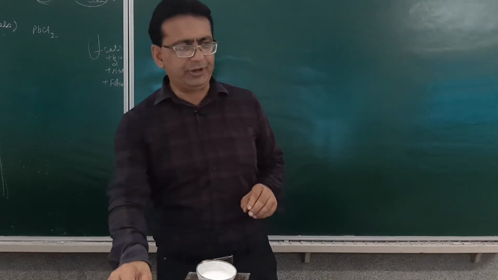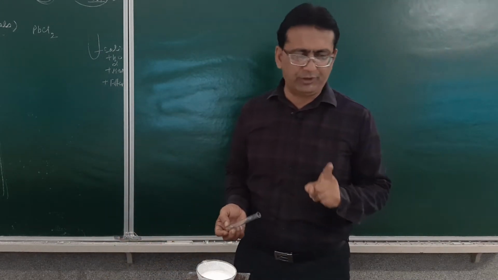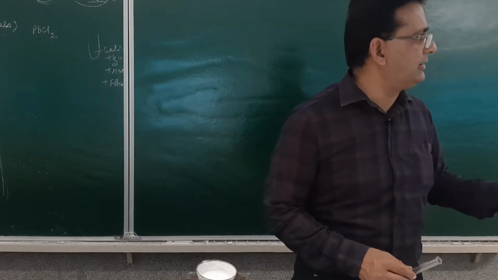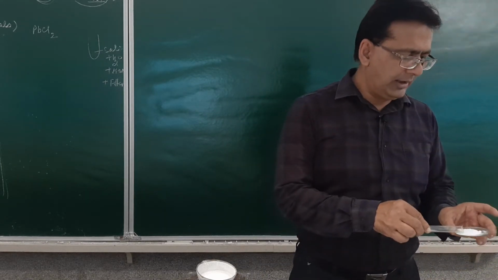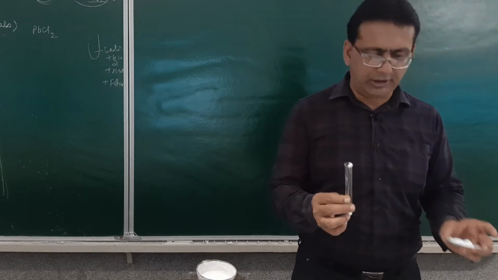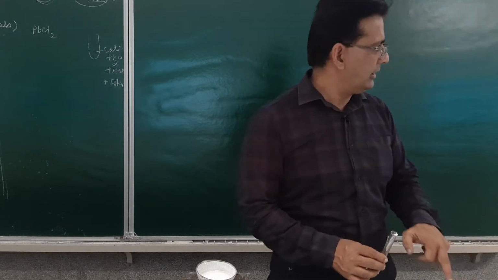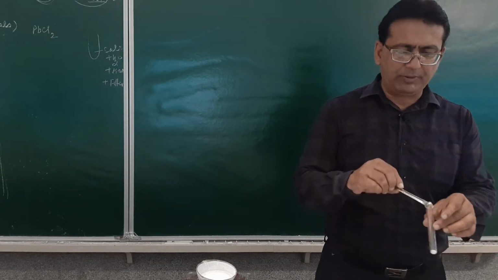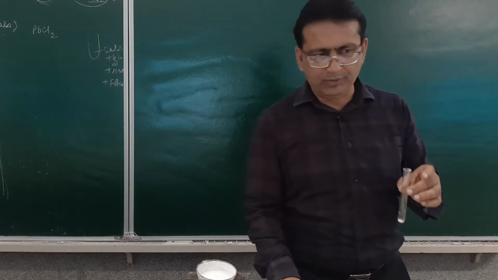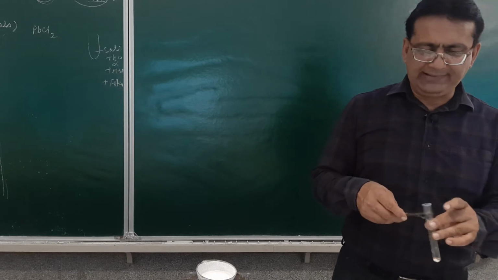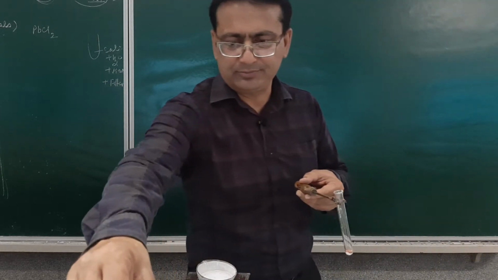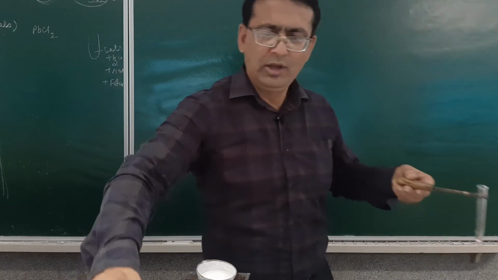In the meantime, while it gets boiled, I'll again demonstrate the same part which I have done earlier. We have taken the salt having a nitrate ion, as earlier demonstrated. To this we have added the copper turnings. Again I am demonstrating: to this we add concentrated sulfuric acid.